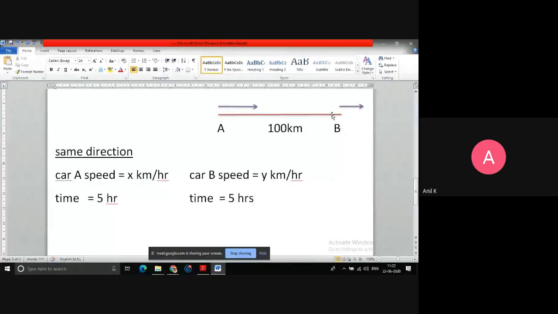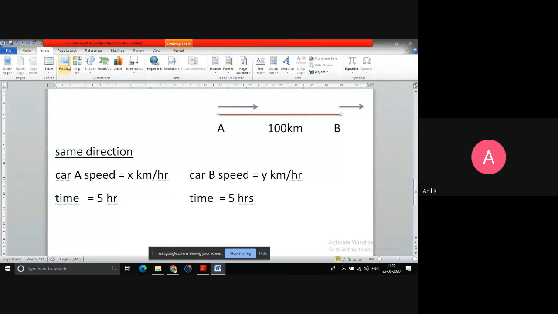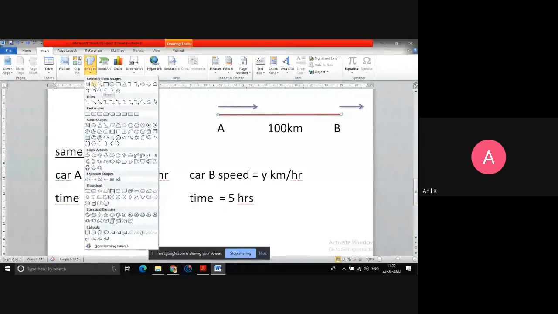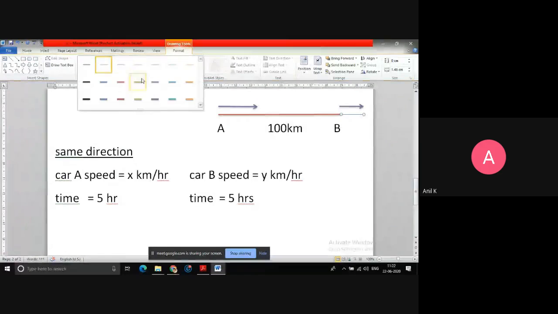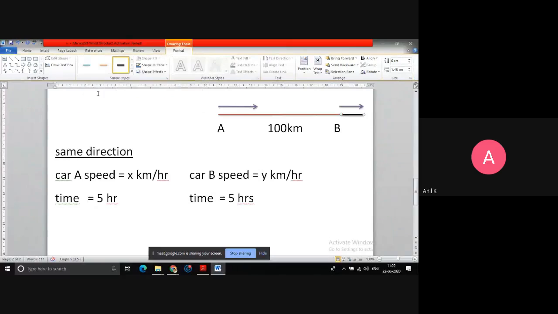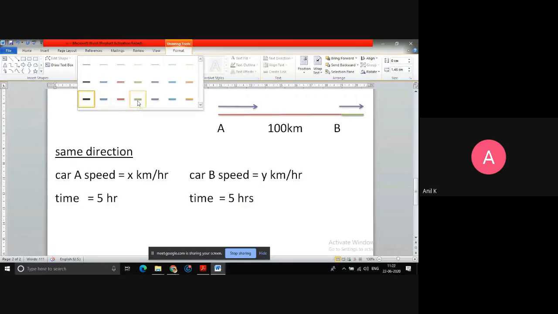So let me take another line, from here to here, in green color.